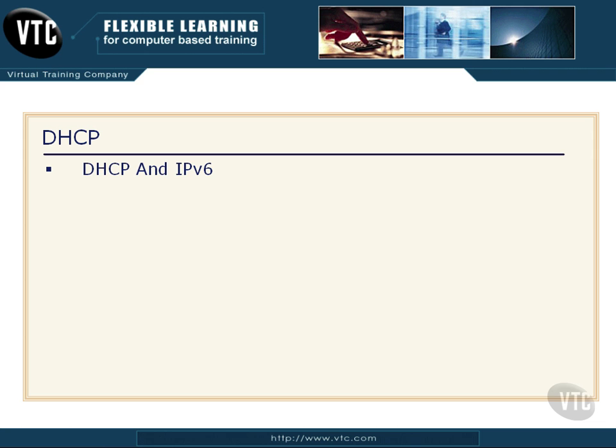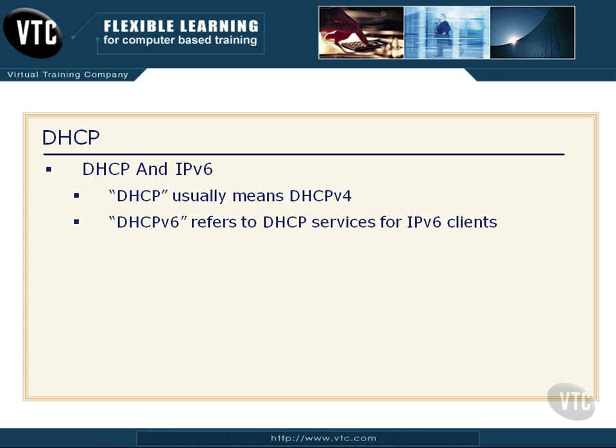Now let's talk about DHCP and IP version 6. Normally, when you hear the term DHCP, people are talking about DHCP version 4. When you hear the term DHCPv6, or version 6, they're referring to the DHCP services for IPv6 clients. When we're dealing with DHCP version 6, you just need to understand that we're working with a protocol that is providing addresses to the clients in one of two modes.